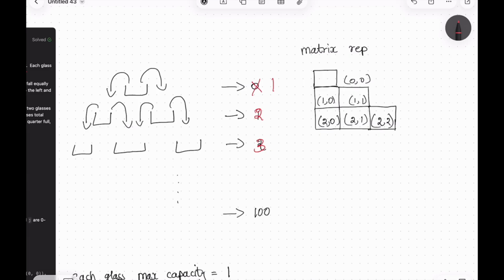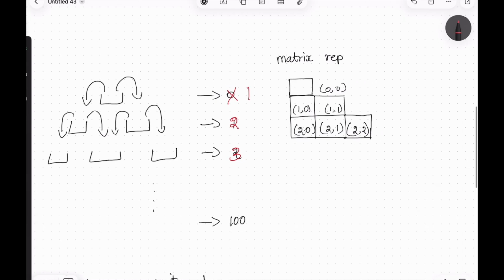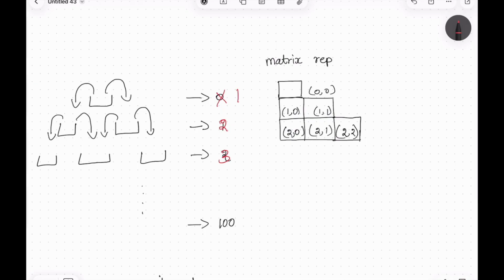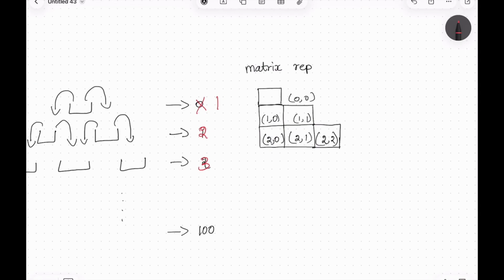Let us understand with zero indexing, because if I overwrite this, it will look clumsier and be very hard to understand. The first one will be 0 0.